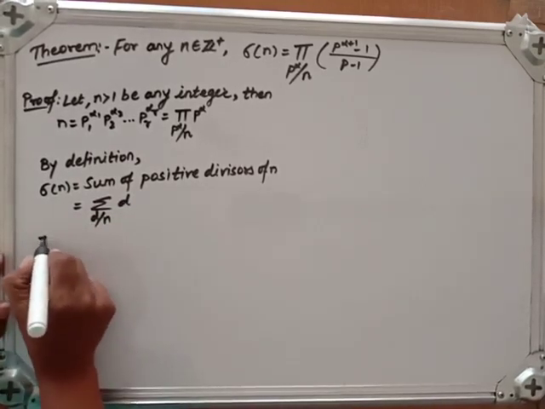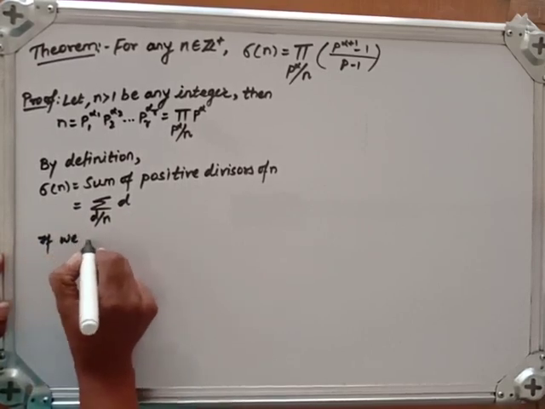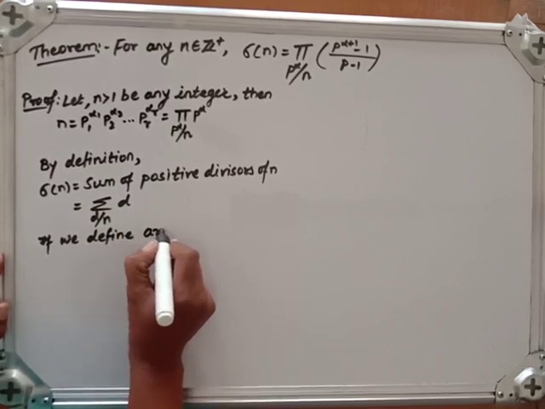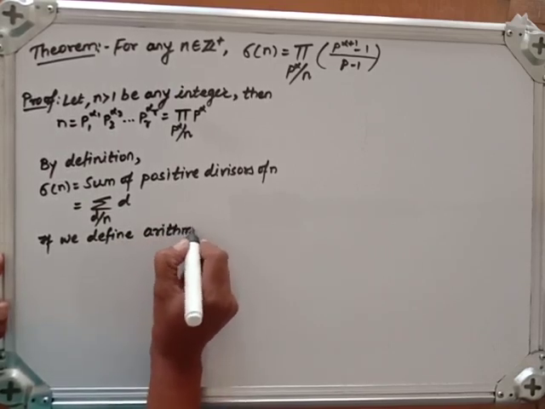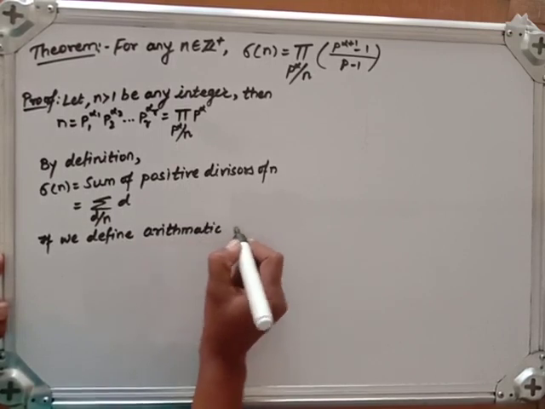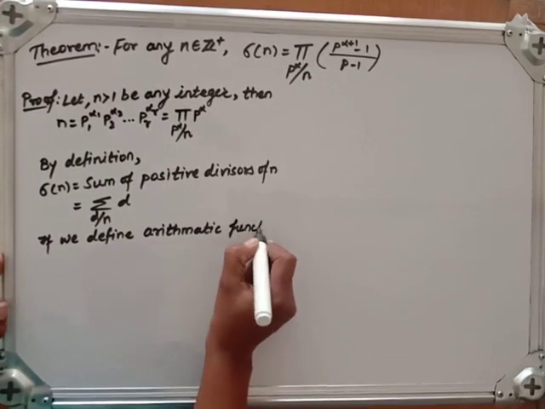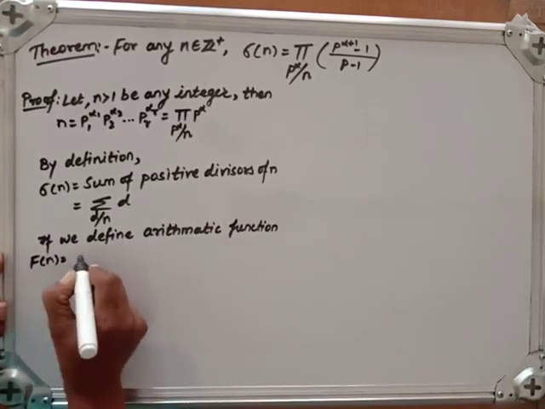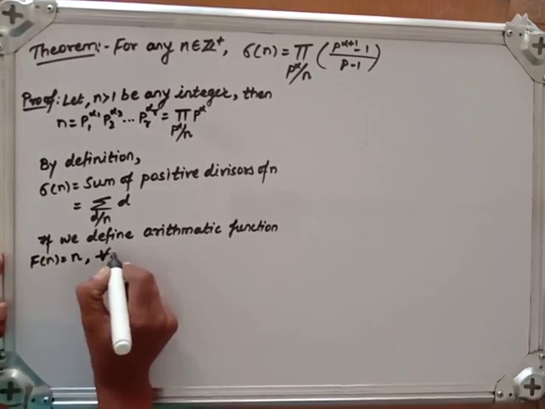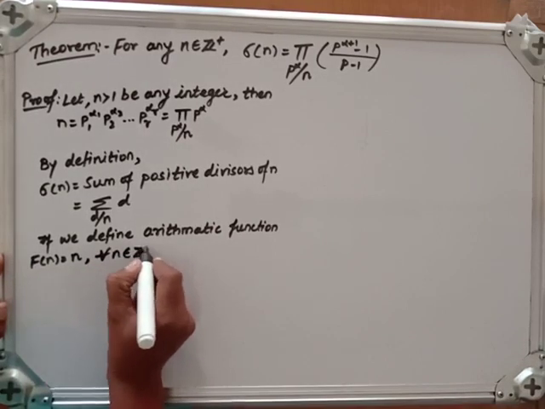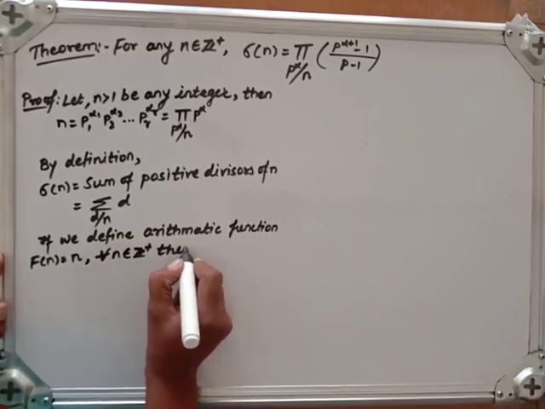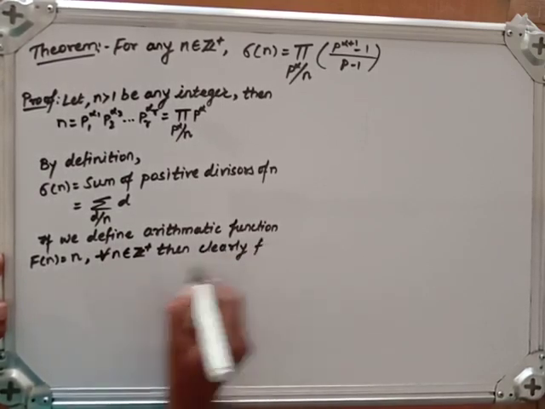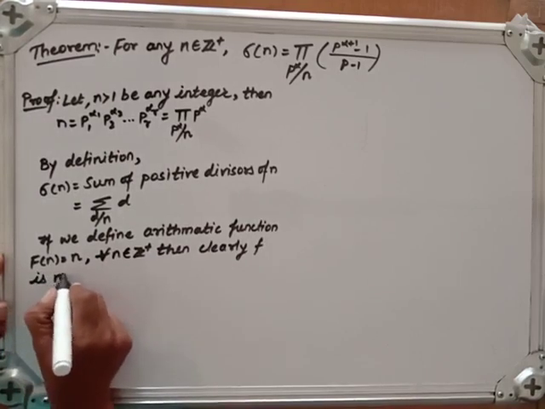If we define arithmetic function f of n is equal to n for all n belongs to Z plus, then clearly f is multiplicative function.